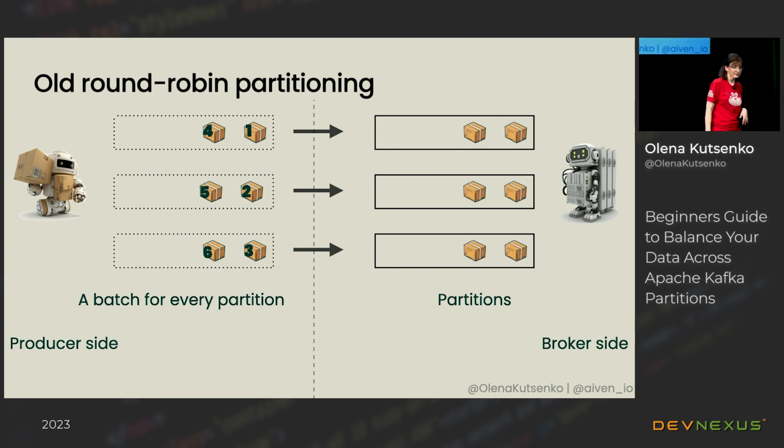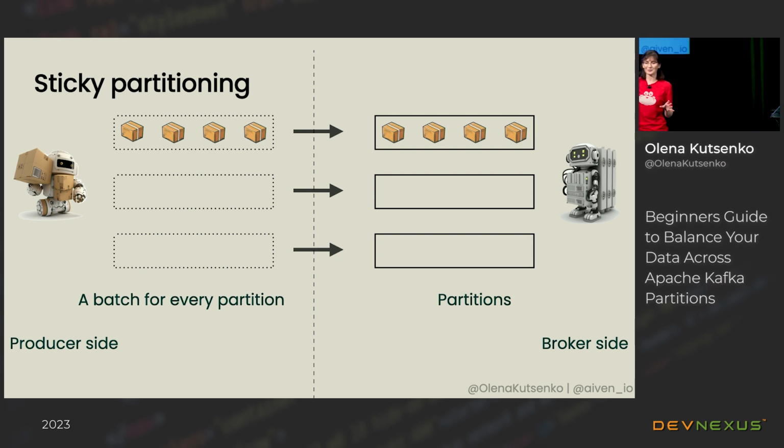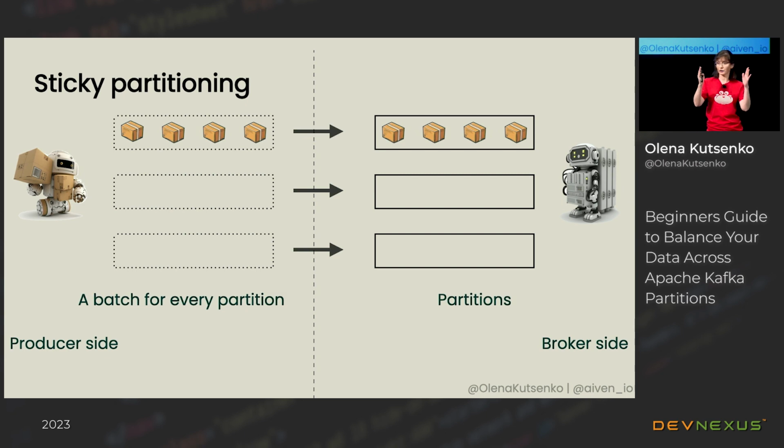And this is exactly what sticky partitioning is doing. Sticky partitioning will select a partition and then continue assigning items to a batch locally until one of 2 conditions happens. Either we reach the time limit allowed for that operation, or we reach the size limit. Once that happens, the batch will be sent to the cluster, to that partition.